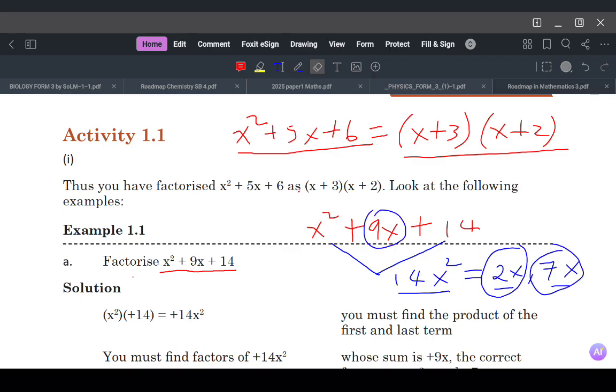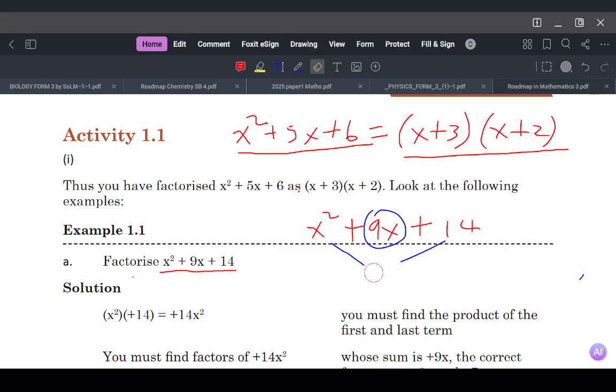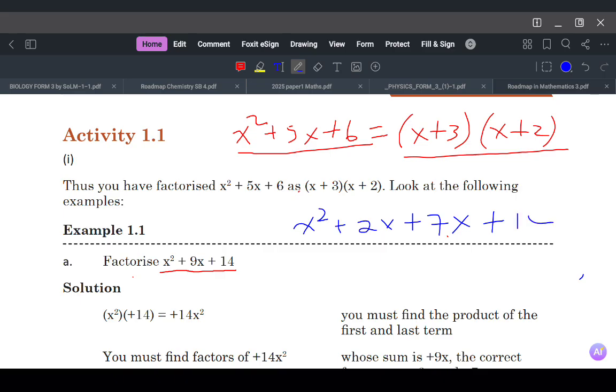All right, so in this case, we can now rewrite our equation as before. We shall group these terms, so we have x squared plus 2x plus 7x plus 14.